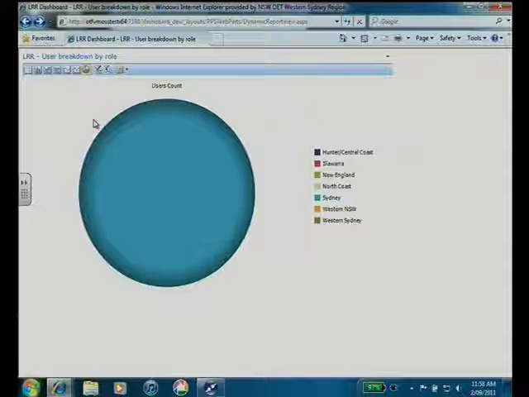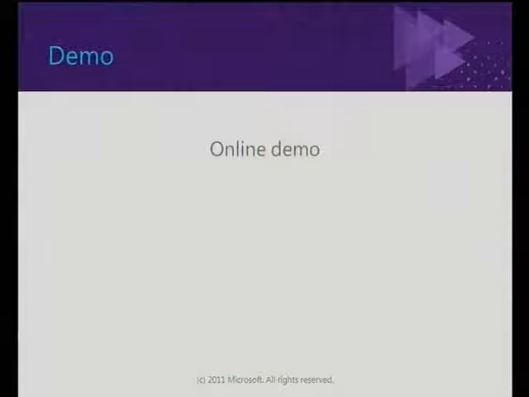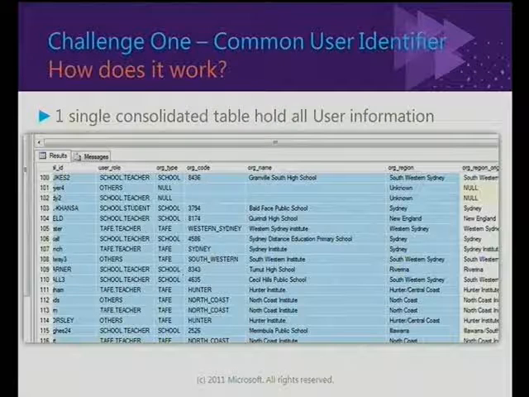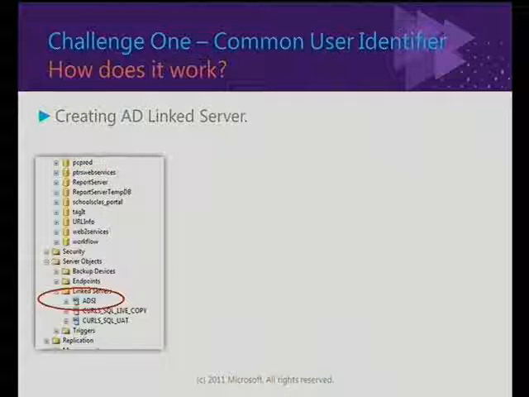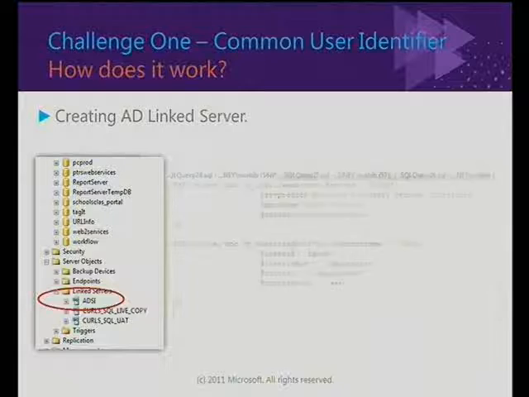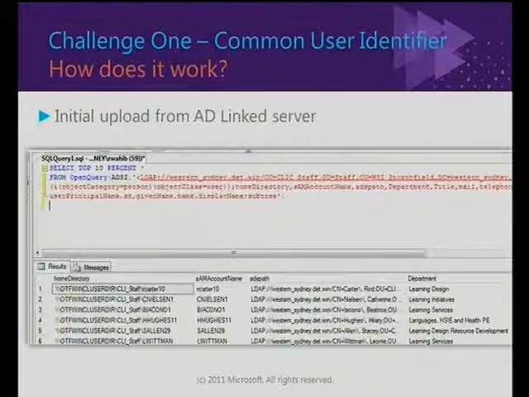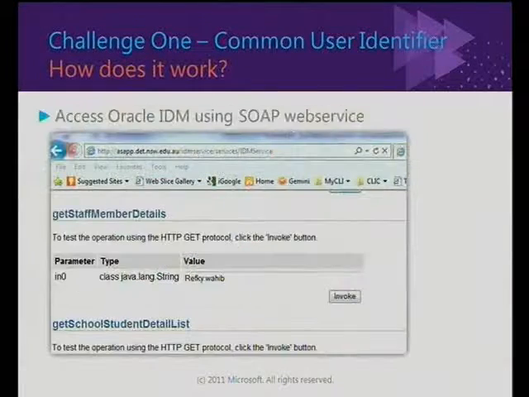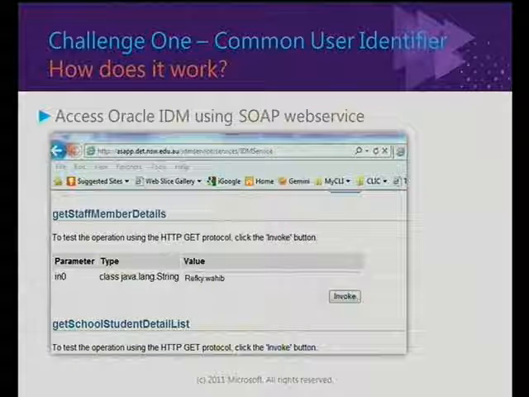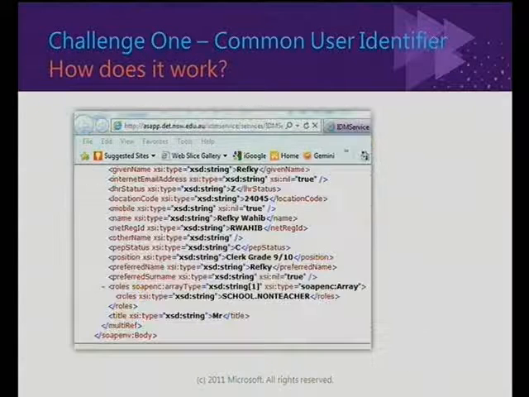All right. Okay, so let's just flick back here. So in the first demo, of course, we had these slides as backup just in case we couldn't do some of the stuff. Rifki showed you the connections with the Oracle IDM SOAP services, and before that the AD Link services.